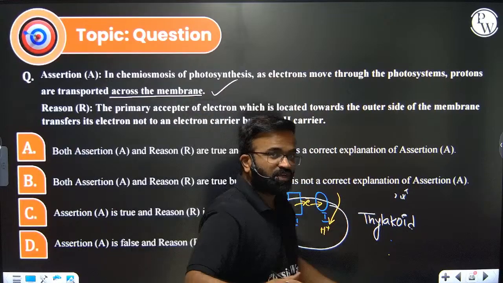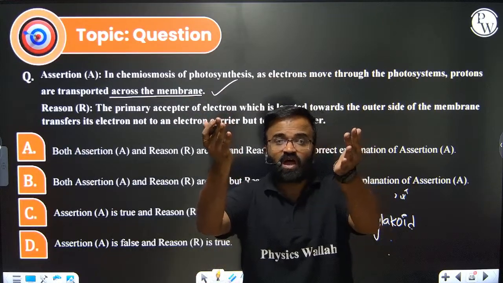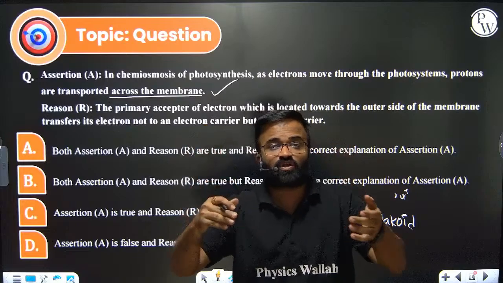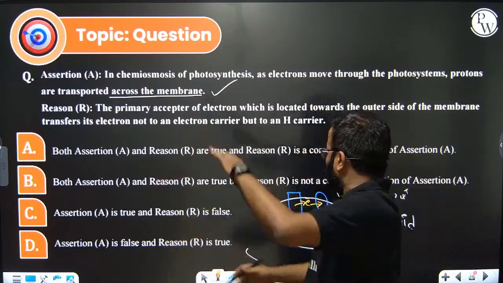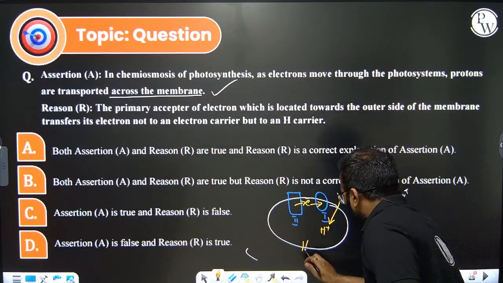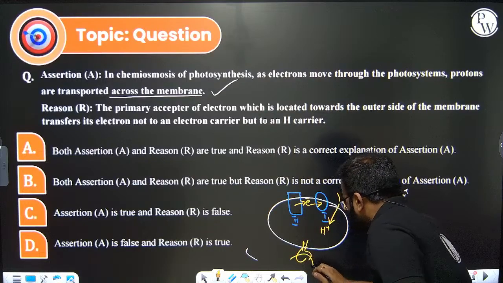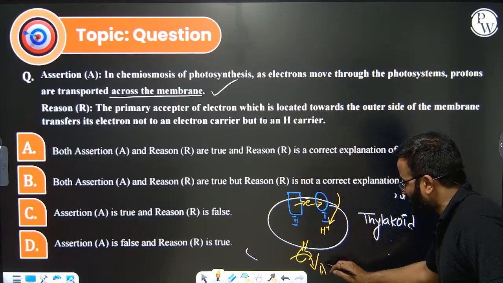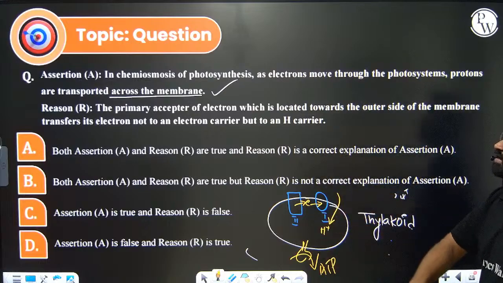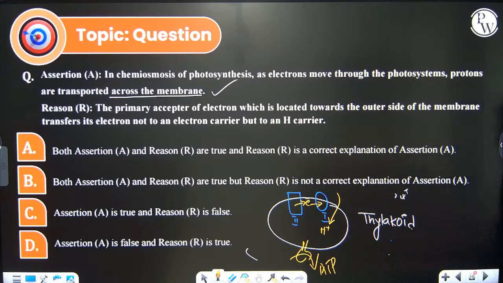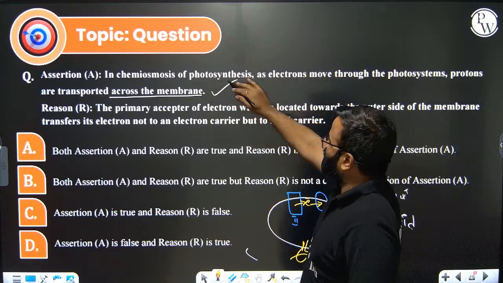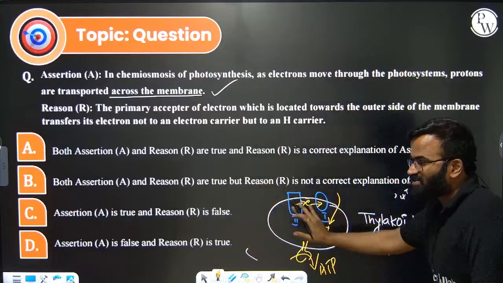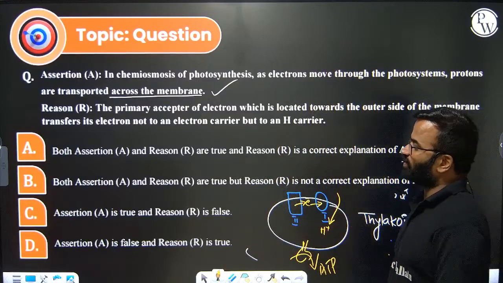You need to increase the proton gradient concentration within the lumen of the thylakoid so that we can make ATP. I hope you recollect this entire topic from photosynthesis. So this statement is true.